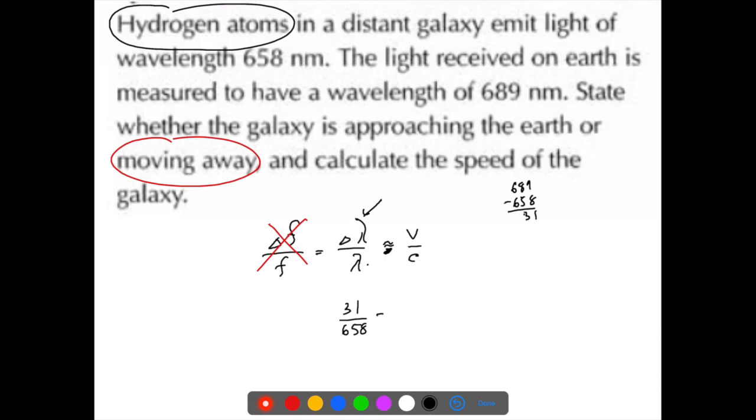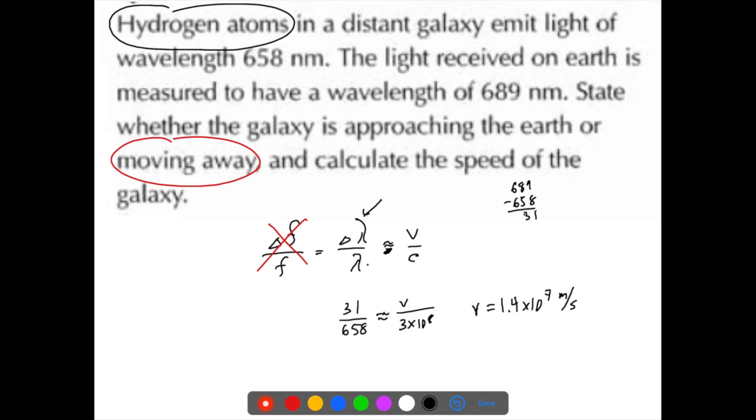All right. Now this is approximately equal to the velocity all over the speed of light, which is 3 times 10 to the 8th, and we punch that into our calculator and we get that the velocity is approximately 1.4 times 10 to the 7th meters per second. And is that fast?